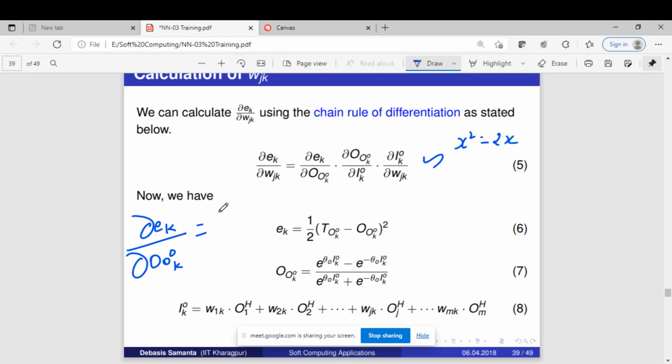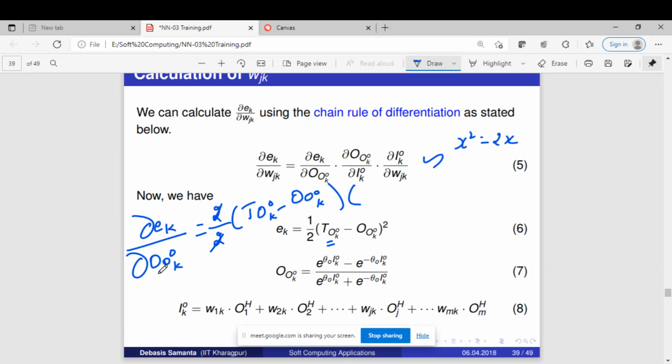But you cannot stop with this because this is a complex function. So again you have to differentiate these things individually. When you differentiate this, what you will get is 0, because this is a constant. You are differentiating with respect to O, and here there is no observed output, so this term will become 0. When you differentiate this term, it will become minus 1.